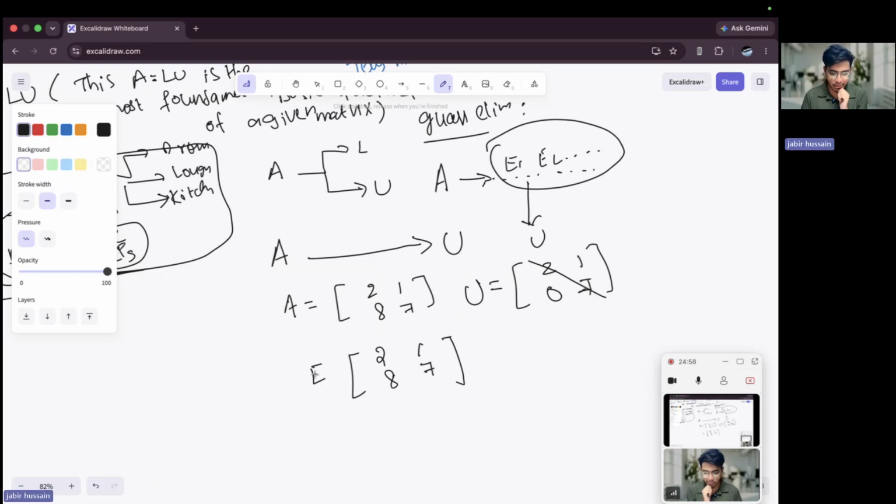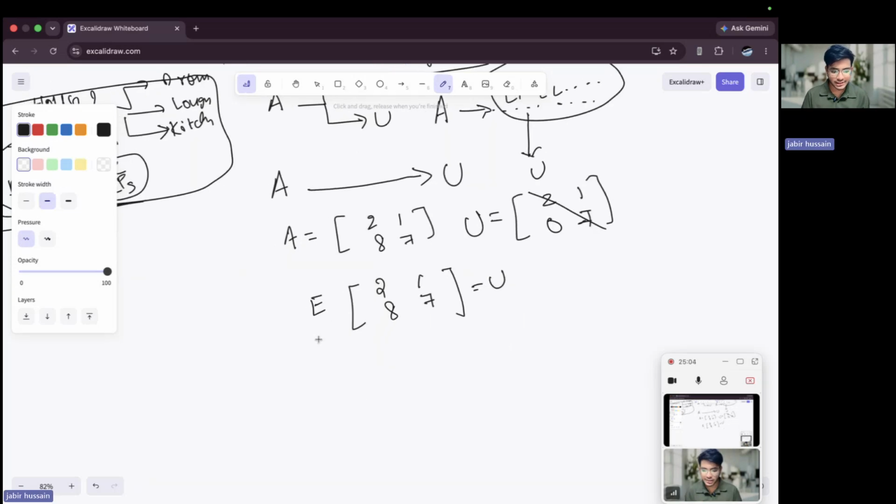Now, can I write that the matrix 2 8 1 7, when multiplied with the elimination matrix E, gives me U? What is this E? E is an elimination matrix which tells me what operation I'm doing. I'm taking row 2 and subtracting 4 times row 1, since 2 fours are 8.